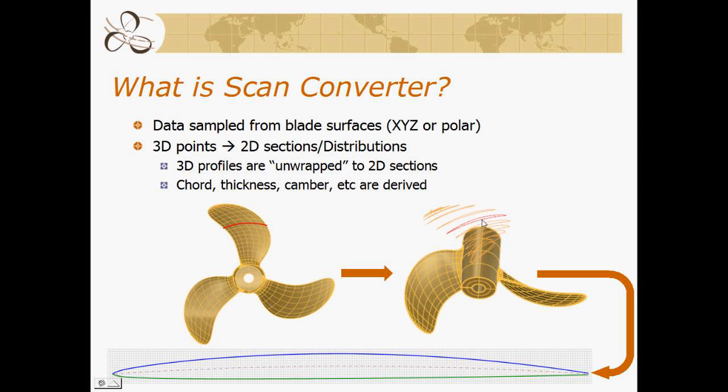You can see that this cut in the propeller in the first image actually shows up as a 3D foil shape that's wrapped around a cylinder. PropCad will take this 3D shape and unwrap it into a 2D section. And from there, it will derive chord, thickness, camber, pitch, cup, drop, all the different parameters that we need to recreate this propeller inside of PropCad.